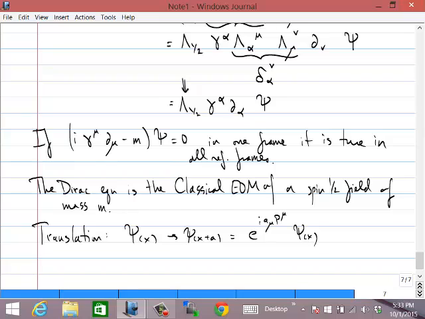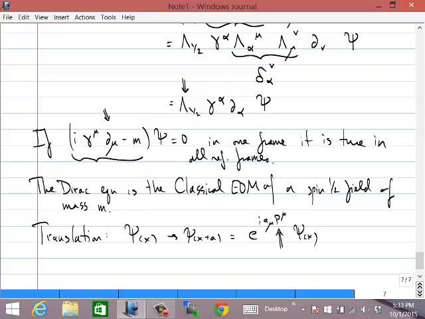And then the fact that this equation of motion is translation invariant is pretty easy to see. It's just the statement that this operator here commutes with the generator of translations.